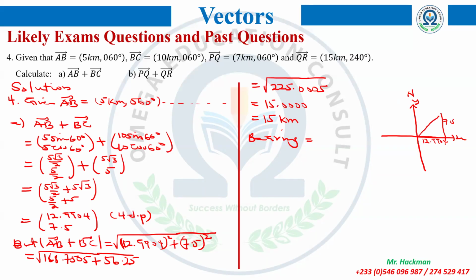You join this, and this now becomes your vector. The angle here will be theta. Let's call this angle because we will need it. Bearing will be the angle from the north to the vector. But we know that the size of the entire angle here is 90 degrees. So I can say that the bearing will be equal to 90 degrees minus theta, which we can find. Is that clear?